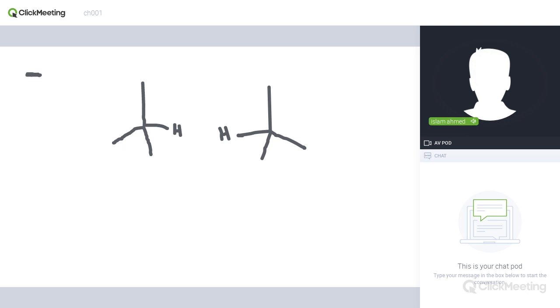Tetrahedral center means that it is a chiral carbon attached to 4 different groups. By the way, that structure is very tricky because it's not a planar structure. It is a 3D structure.